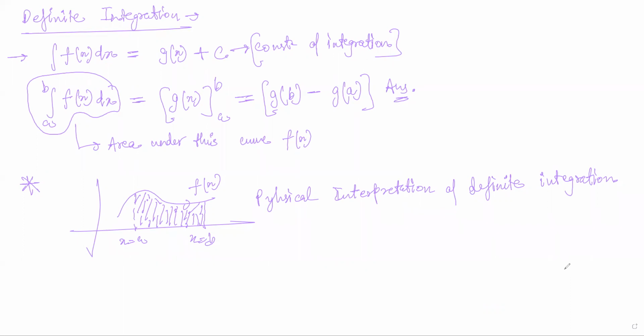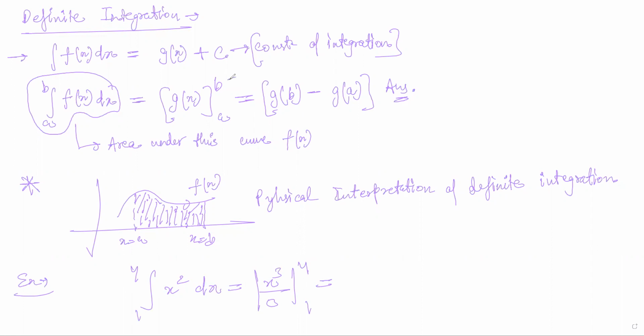So the basic physical interpretation is this, that we are trying to find out the area under any curve. Now, we have already seen these kinds of examples, like how to integrate x square within the limit of 1 to 4. So nothing else. The integration of x square is x cubed by 3. We need to integrate it from 1 to 4.